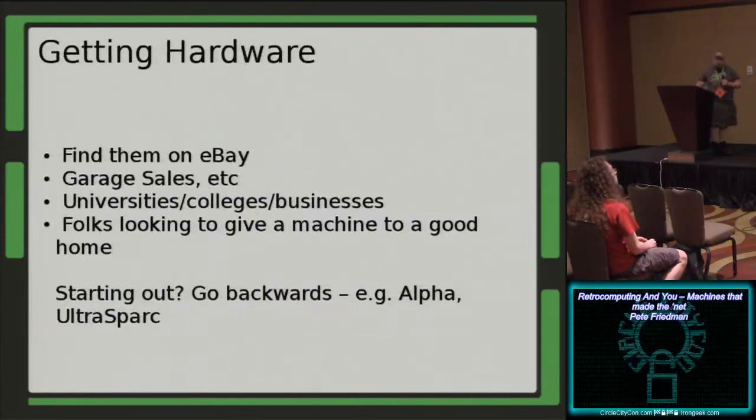So, getting these things: you can find them on eBay. I did some searching a couple of days ago, and some machines are pretty cheap. You can get a SPARC IPC for like 25 bucks. Some of them are surprisingly expensive, mostly because a lot of these machines are still in use by companies like, I don't know, banks and travel agencies.